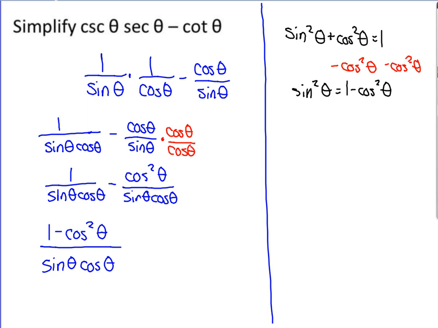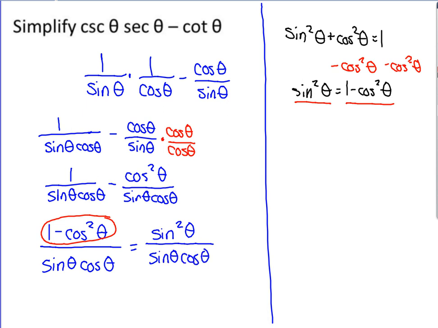So if we go back over to our problem, instead of 1 minus cosine squared of theta, we can replace that because we know 1 minus cosine squared of theta is equal to sine squared of theta. So we can say that this is sine squared of theta over the sine of theta cosine of theta.